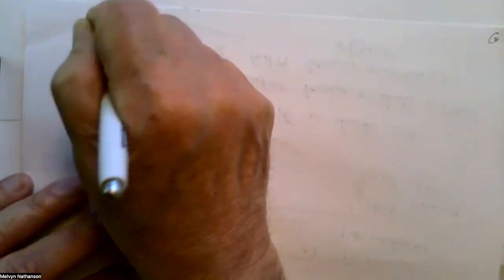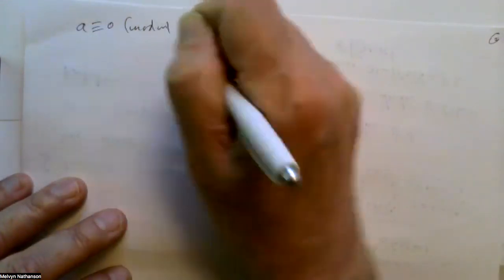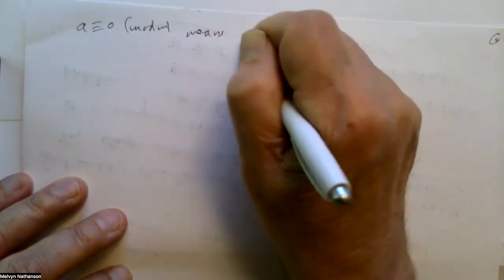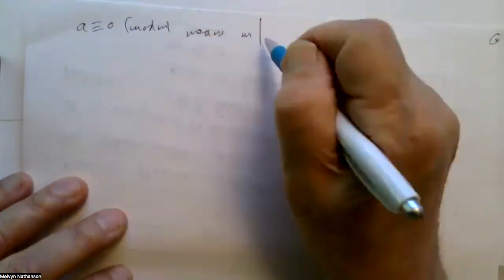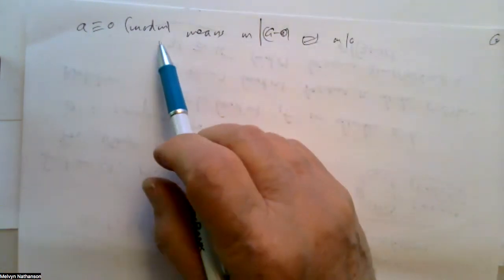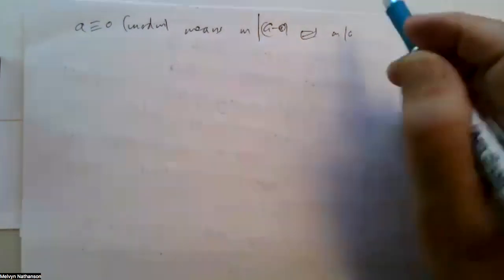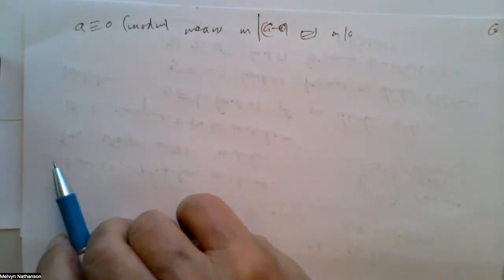So, for example, A is congruent to 0 mod M means M divides A minus 0, which is A. So A is congruent to 0 mod M is just another way of saying that M divides A. And one of the nice things about congruence is that there's a very nice arithmetic for congruences.